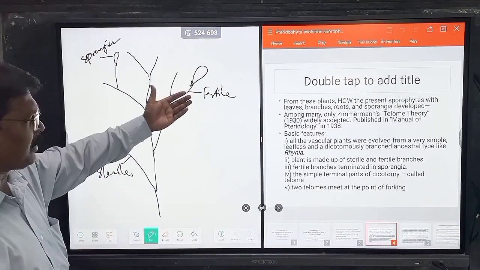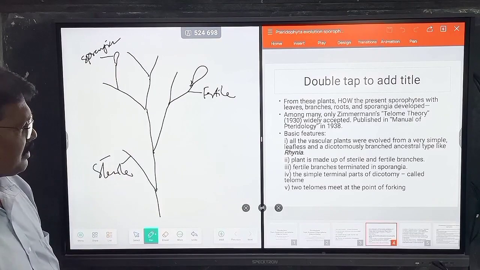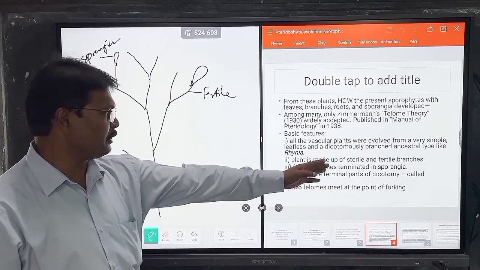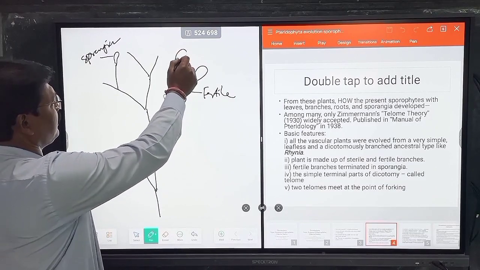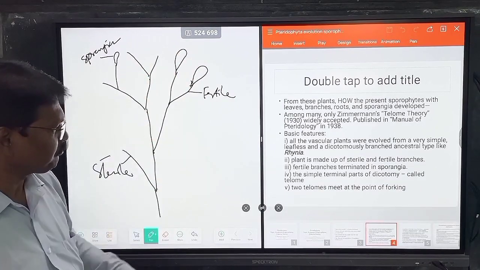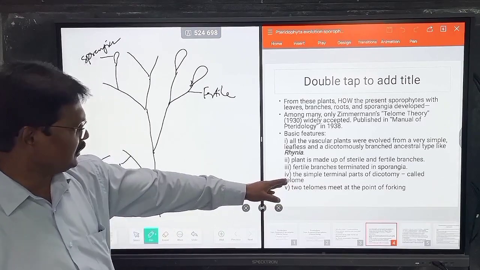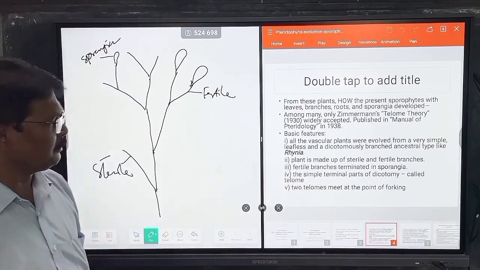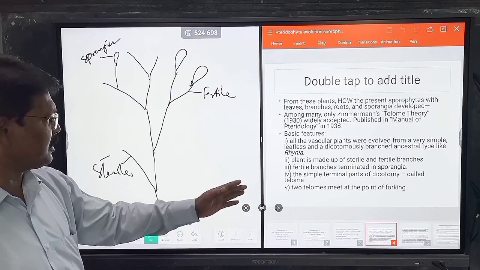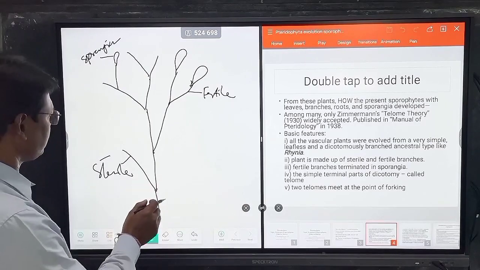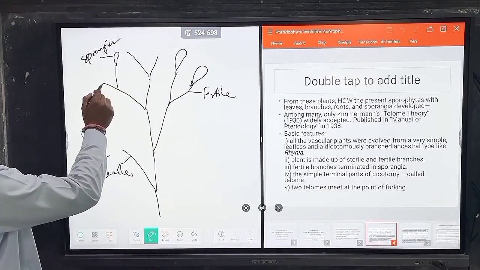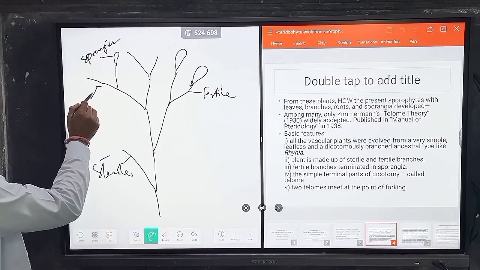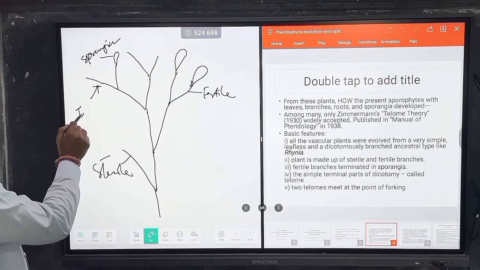The fertile branches are terminated by sporangia, like this. And the simple terminal parts of a dichotomy are called telomes. So the terminal parts are called the telomes.